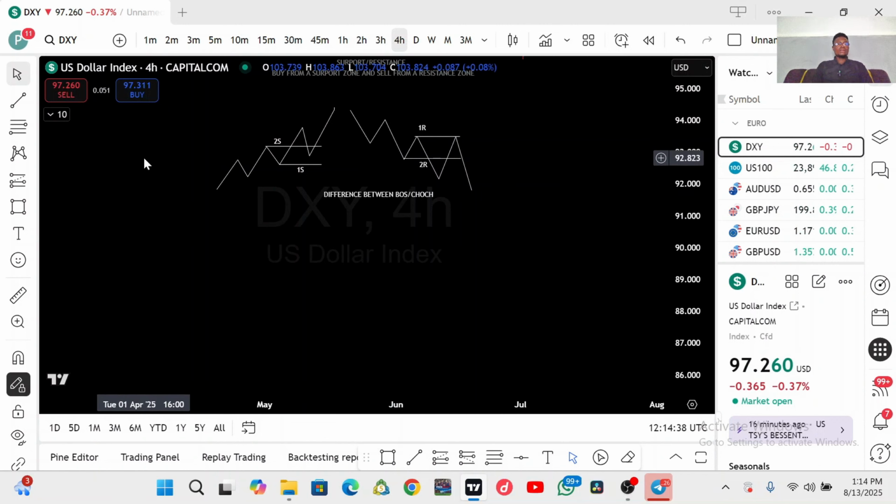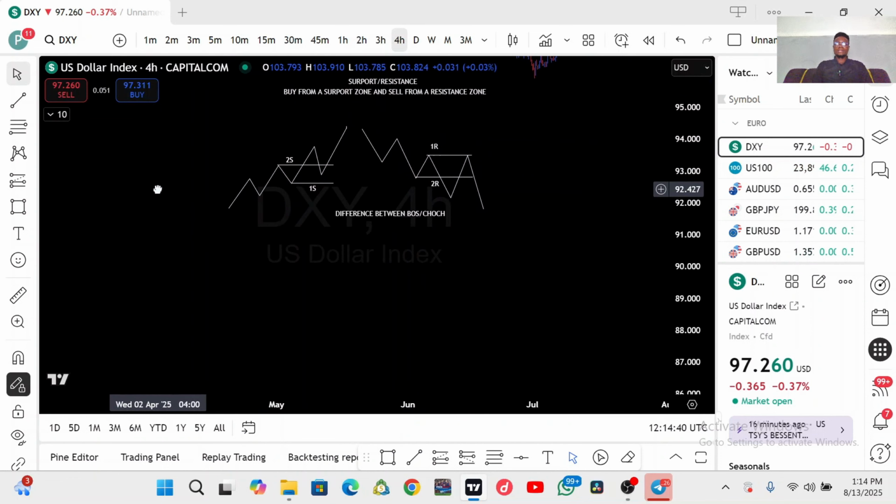Okay, so in our last class, my last video, I talked about support and resistance. I said you buy from a support zone and you sell from a resistance. I said in an uptrend, price makes a high, a low, a higher low, higher high.